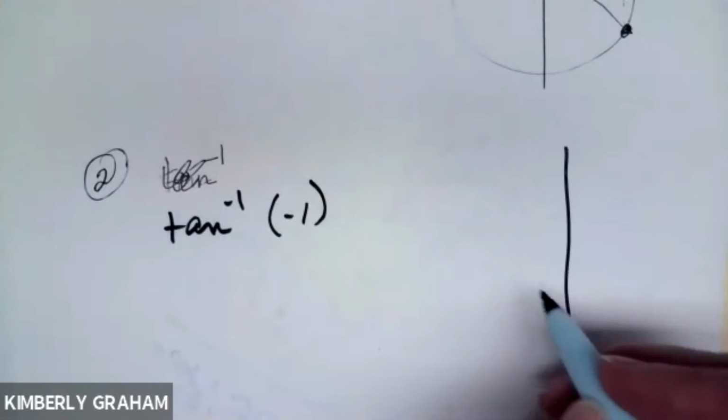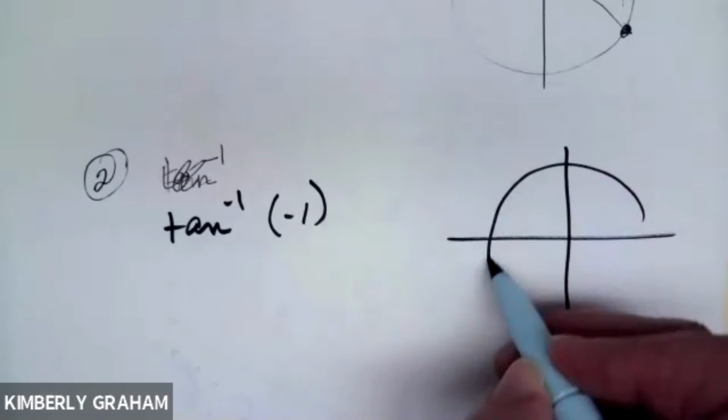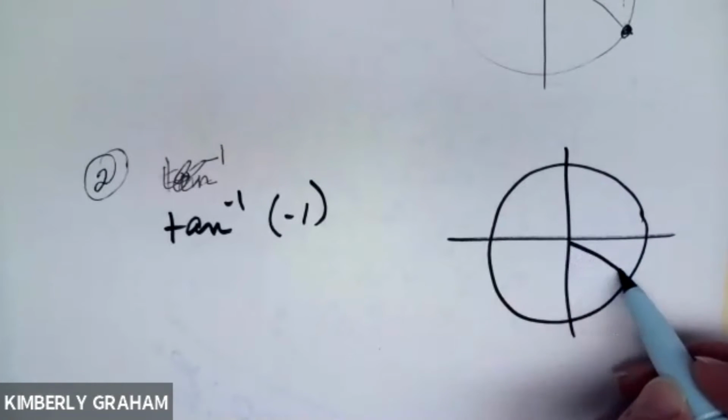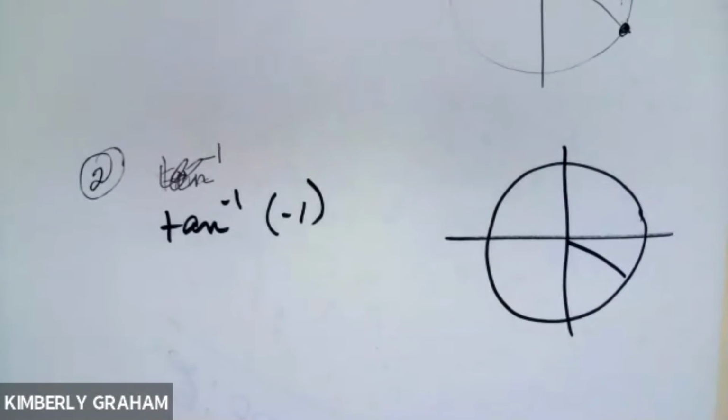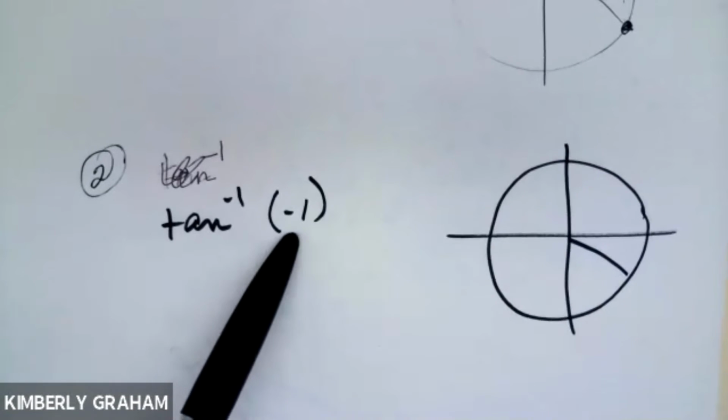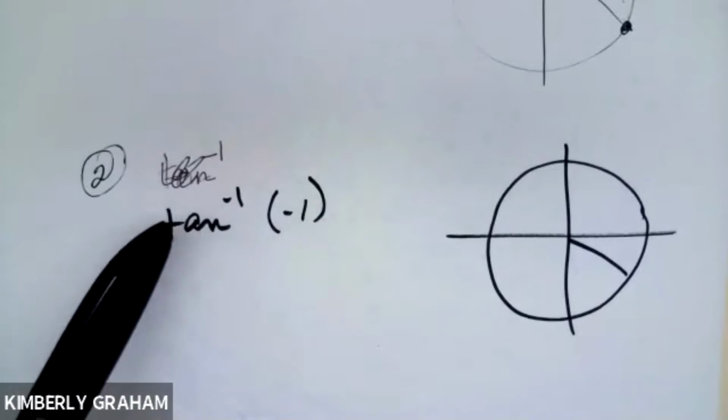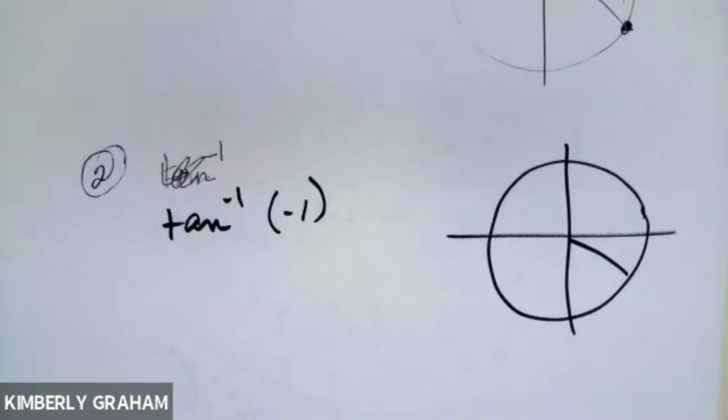The inverse tan of -1. Okay, so again, I know that tangent is negative, so I'm down here in quadrant 4. Hopefully by now you know what angle that's associated with. Can anybody figure that out off the top of their head without having to look at your chart? What reference angle is that associated with?